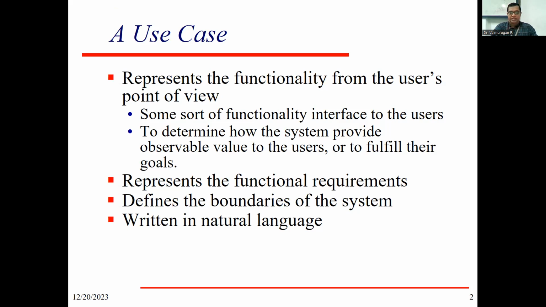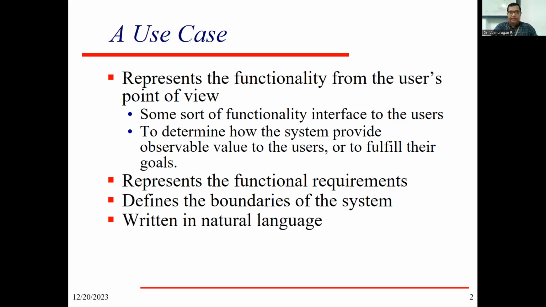So it represents the functional requirements. Obviously, we know very well that the functional requirements are the ones which drive the system according to our expectation. Here the use case represents the functional requirements of the given system, which are given in the name of use cases.